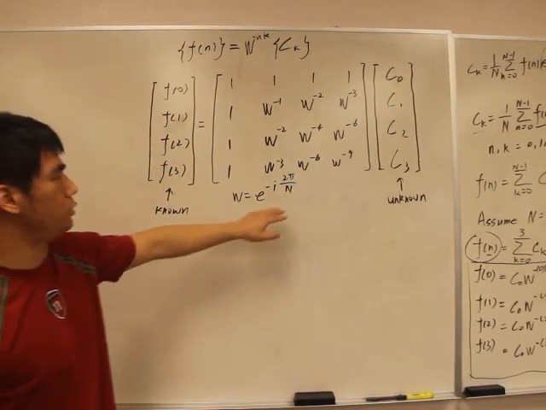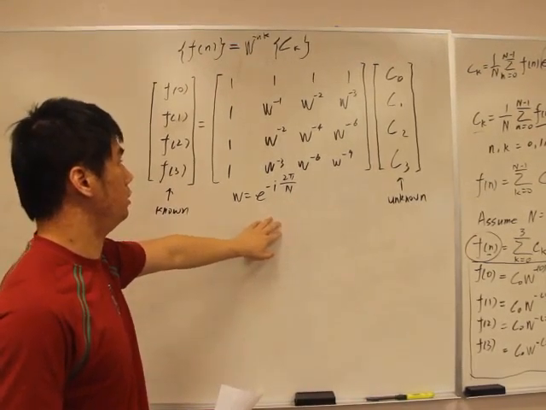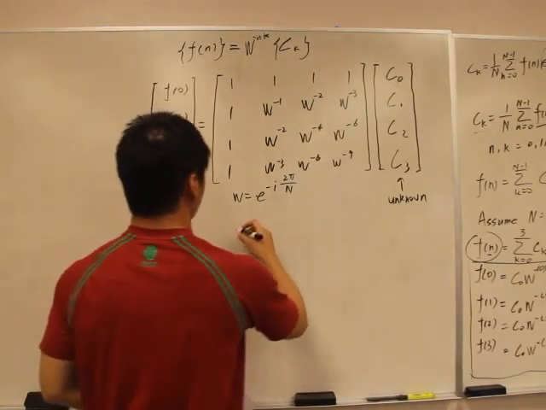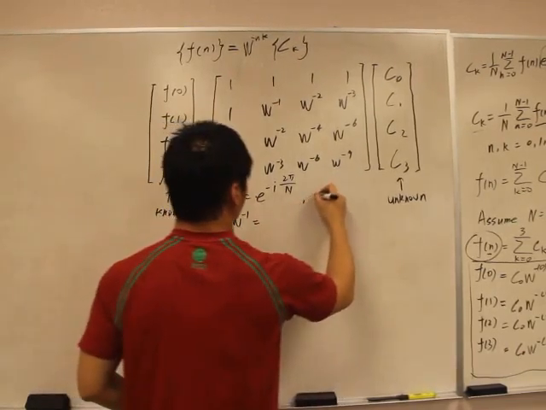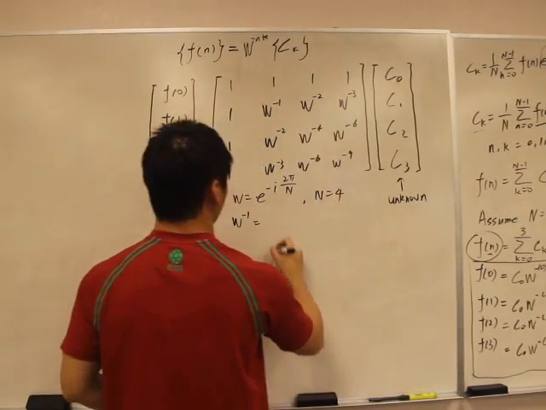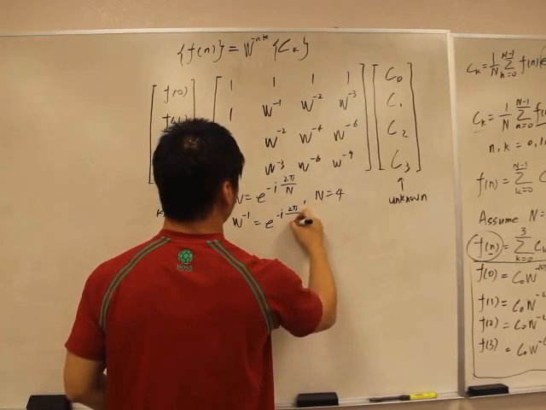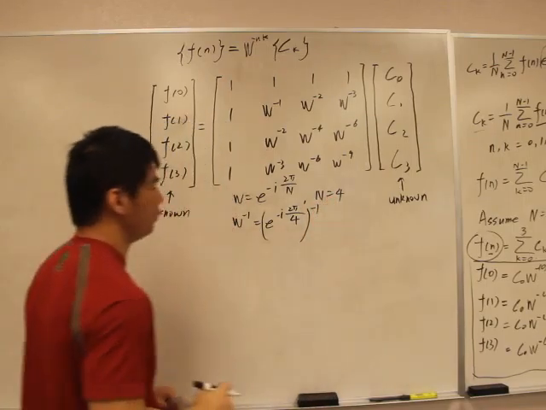So when we took our samples, we know how many samples we took, and consequently we could know these values. So for example, when n is equal to 4, we have e to the negative i 2 pi over 4, all raised to the power of negative 1.